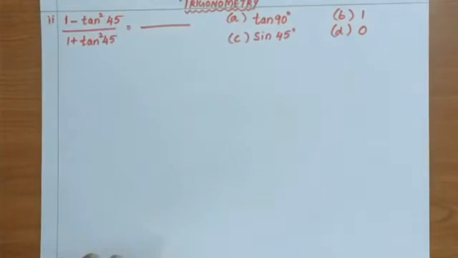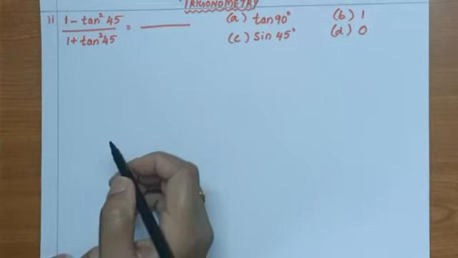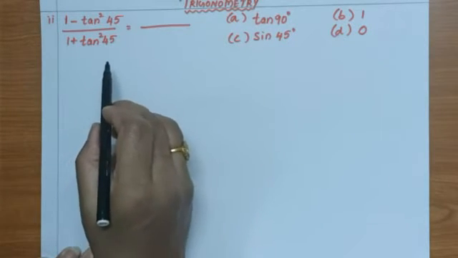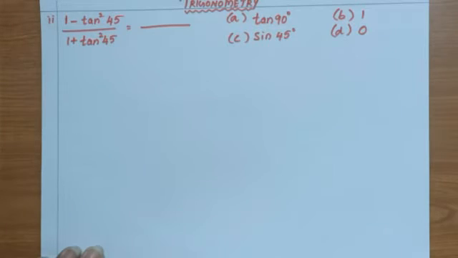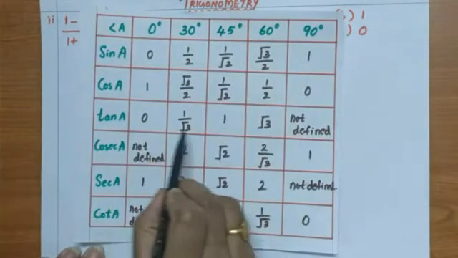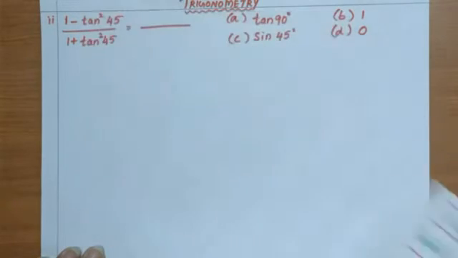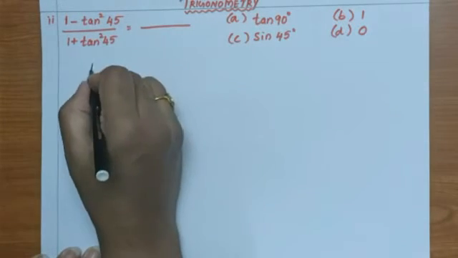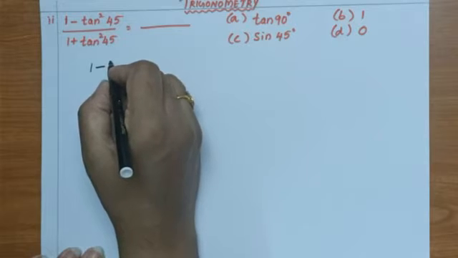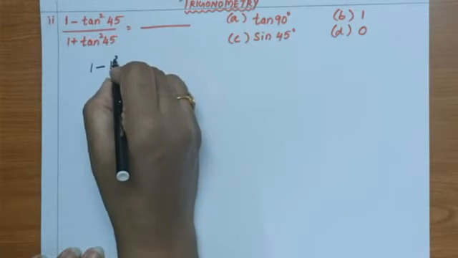Now question number 2. 1 minus tan square 45 divided by 1 plus tan square 45 equals dash. Here from the chart we have to know that tan 45 is 1. So we can substitute the value of tan 45, that is 1. So tan square 45 is 1 square.